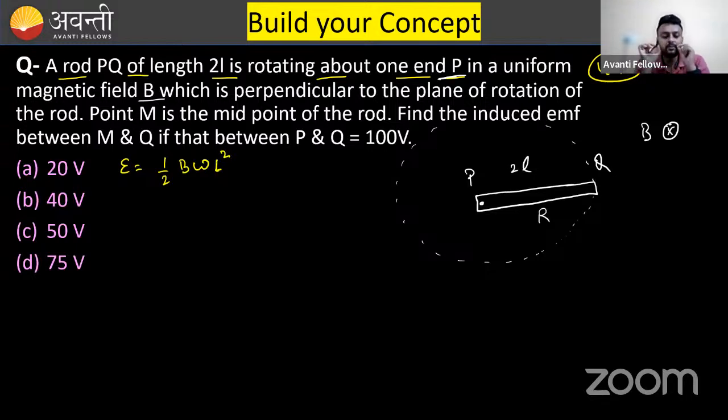Do you remember this relation? Whenever a rod rotates in a perpendicular magnetic field, some EMF is induced across its ends. And this EMF is going to be half B omega L square. Is it clear? Okay, someone is saying option 4.